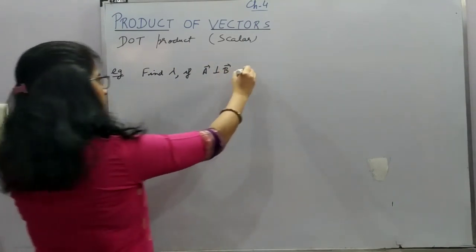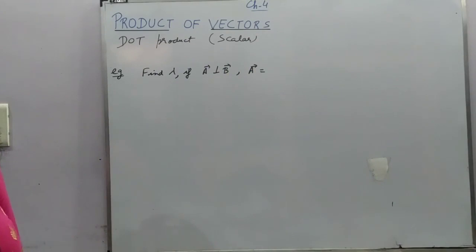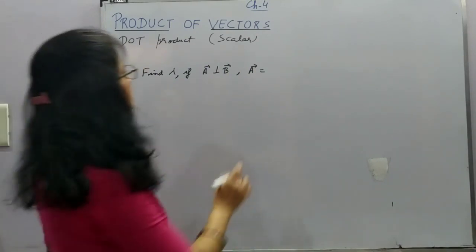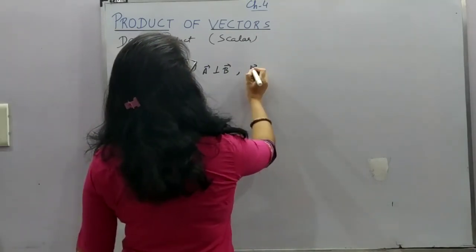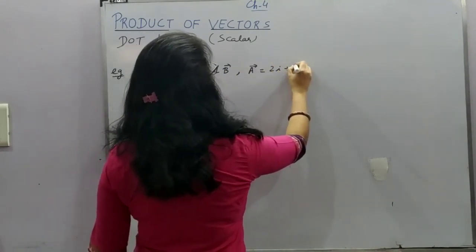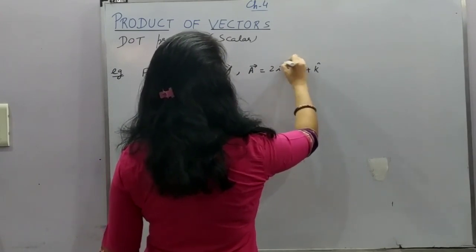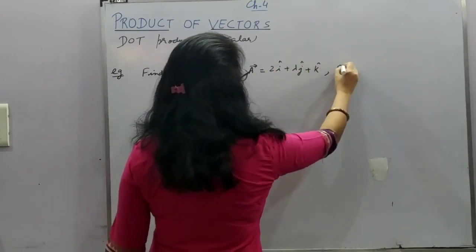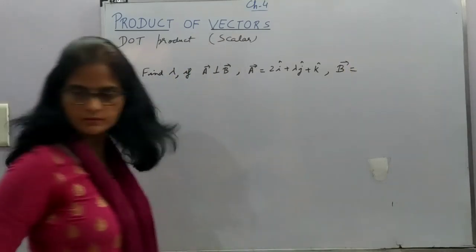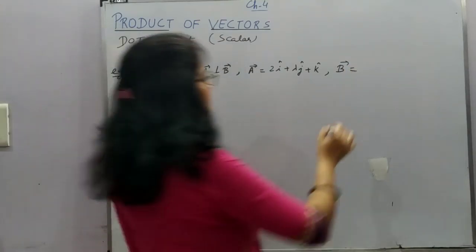And what is given here? a is given as 2i plus lambda j plus k, and b vector is 4i minus 2j minus 2k.